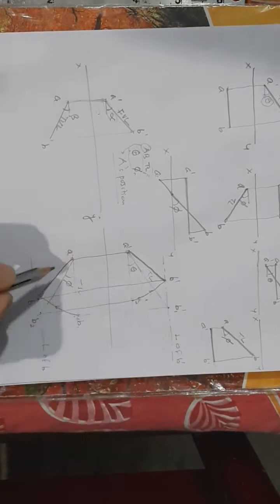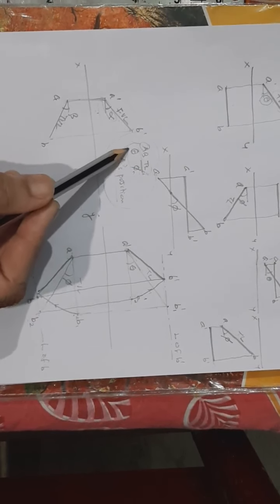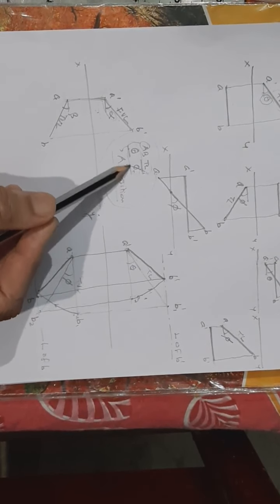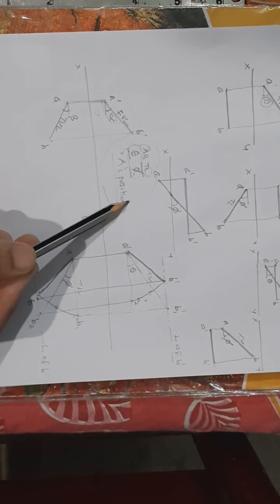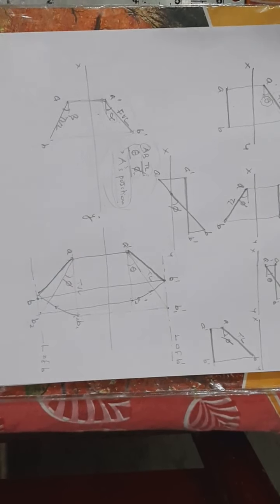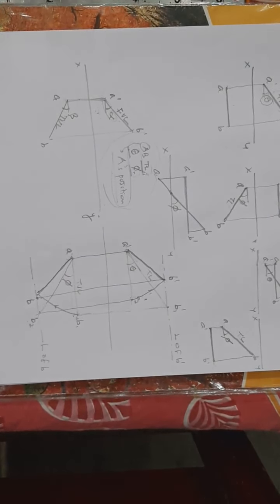So this is the simple step-by-step procedure to get the projections of a straight line inclined to both HP and VP, provided you have been given these five data: the true length of the line, the inclination of the line with HP, the inclination of the line with VP, and one end's position, end A's position or end B's position, whichever is given.